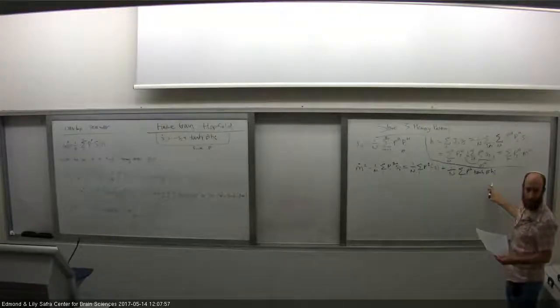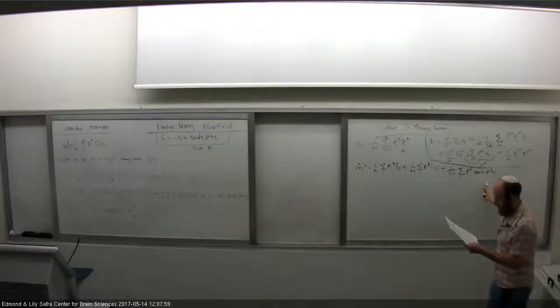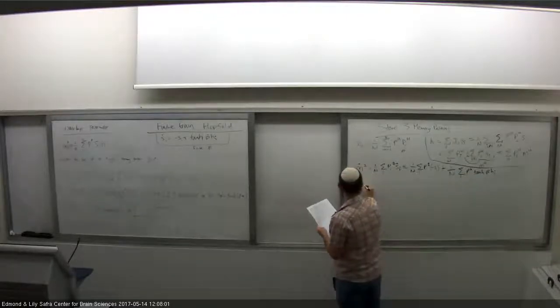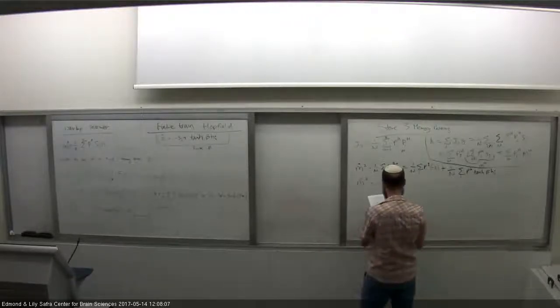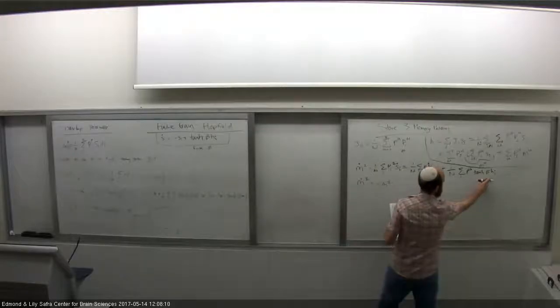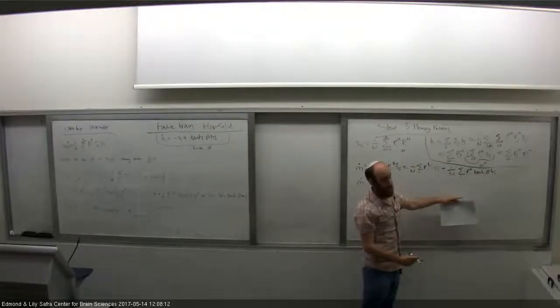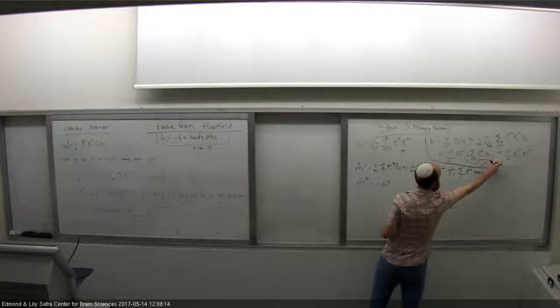And now this is the term that's going to be of interest for us. So let's see what we do with that. So we have m dot 1 equals minus m1. And now let's plug in hi, the input into neuron I, from what we calculated up here.